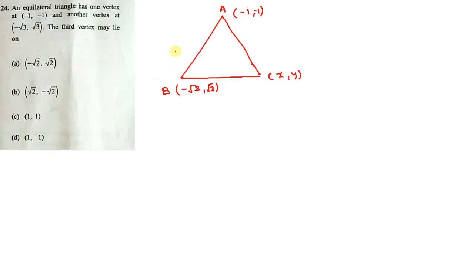Now question number 24 is, an equilateral triangle has one vertex at -1, and another vertex at -√3. So the third vertex may lie on which coordinate? As it is given the triangle is an equilateral triangle, all three sides are equal.